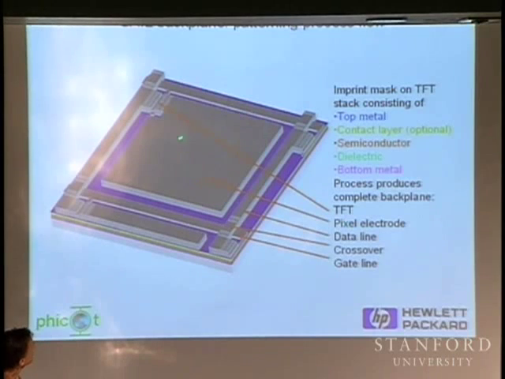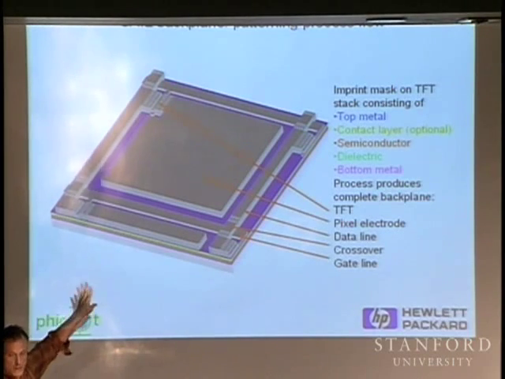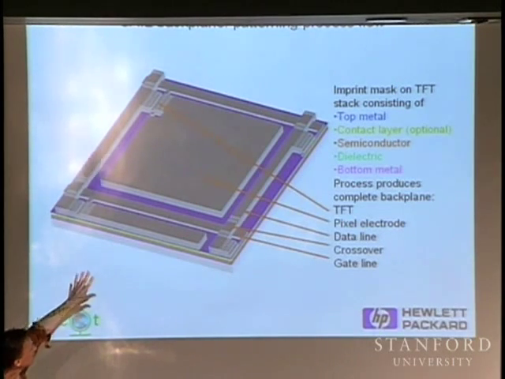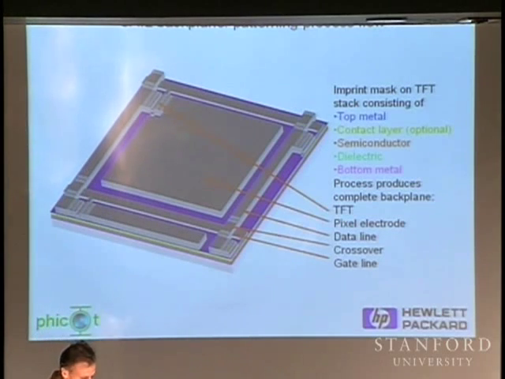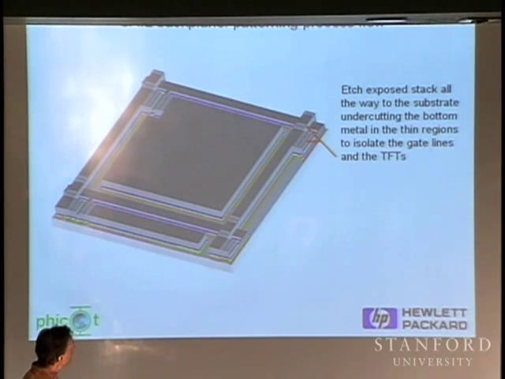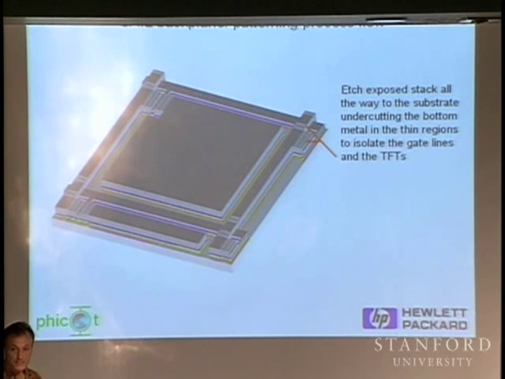So as I deposit this, with my rubber stamp process, I mold this thing on here. The first thing I'm going to do is use it as an etch mask, just as imprinted, and I'm going to cut through all my transistor layers all the way down to the substrate. So that was the first step of my process. The next thing I'm going to do is etch my mask.